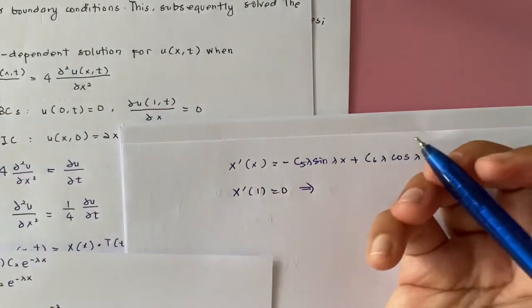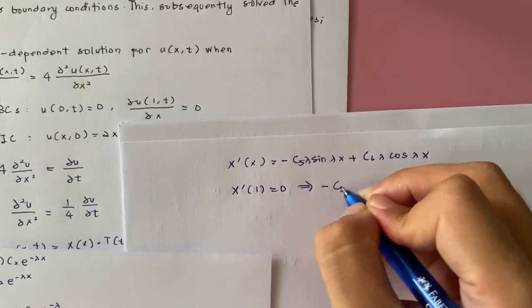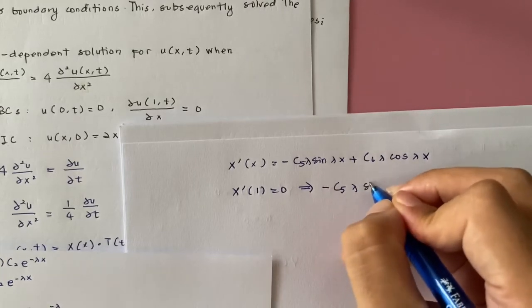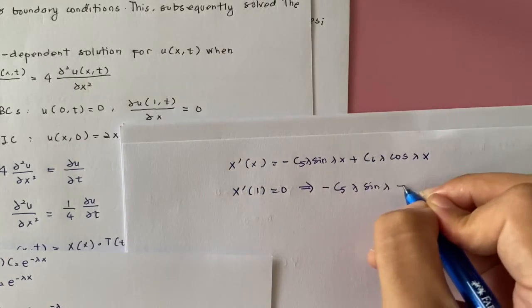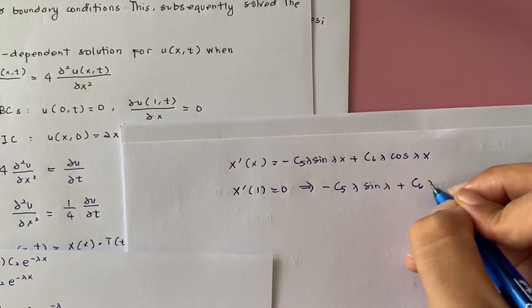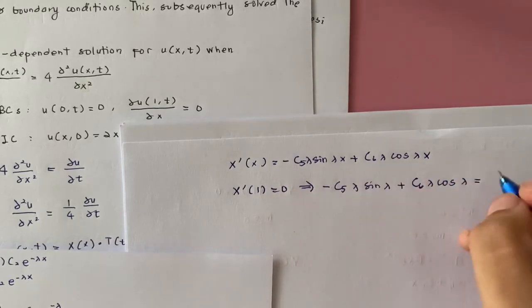So for this one, substitute x equal to 1. So you have minus c5 lambda sin lambda plus c6 lambda cos lambda equal to 0.